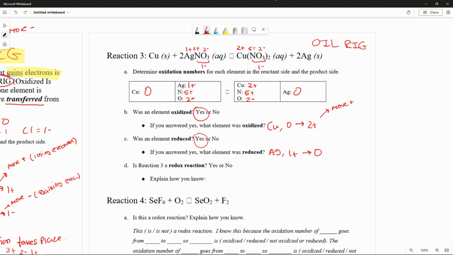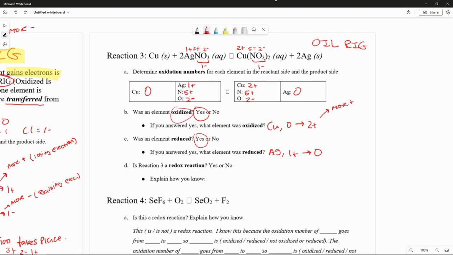If you're at a 1 plus charge and you're becoming a 0, we're removing that positive by adding an electron. It's a little confusing, but if you practice a lot, you'll get the hang of it. 1 plus moving to a 0: if you add an electron, you become a 0 because you lose that positive charge. That means the element that was reduced is Ag.